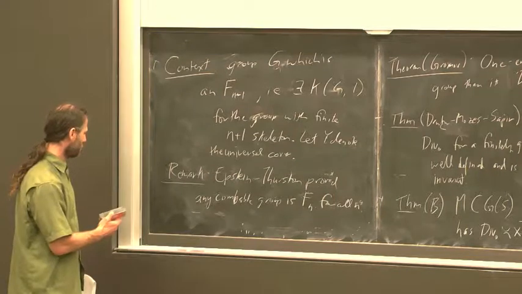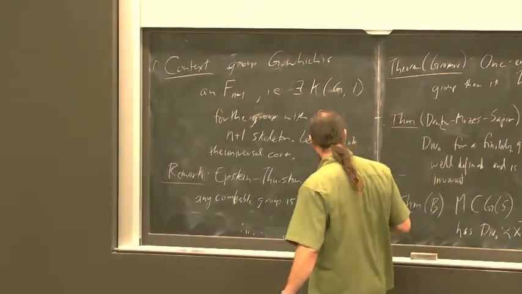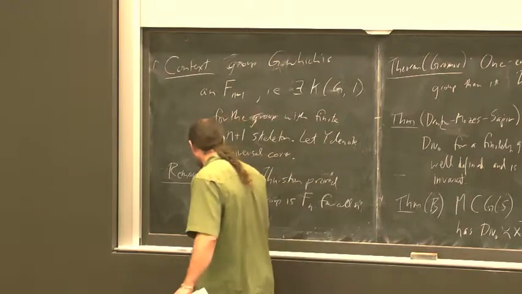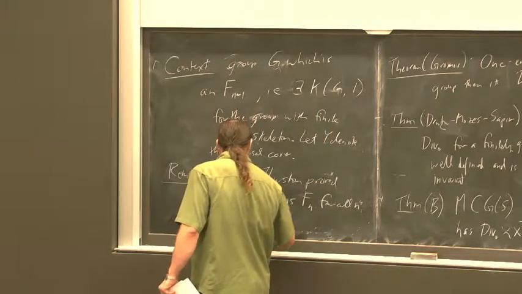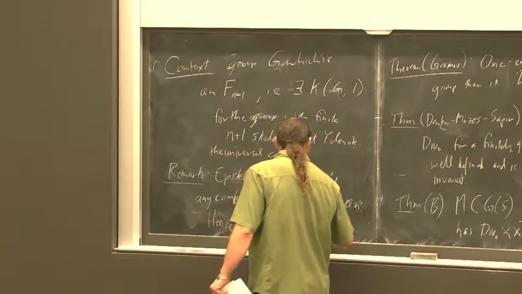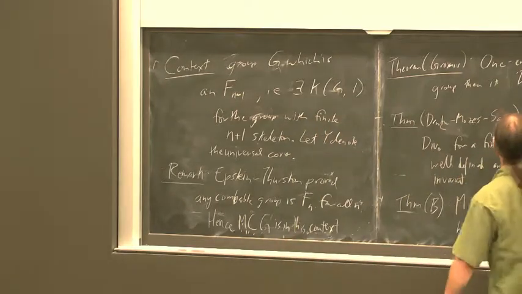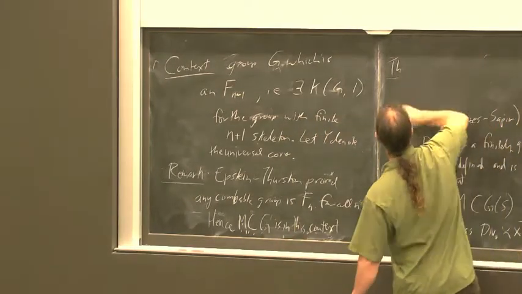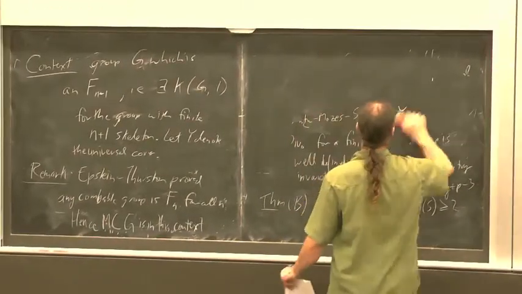So that's the remark, and so I guess the second part of the remark is, hence, the mapping class group fits in this context. Okay, so the constructions that I'm going to give work for the mapping class group, and in fact, there have been explicit constructions of nice classifying spaces for the mapping class group.